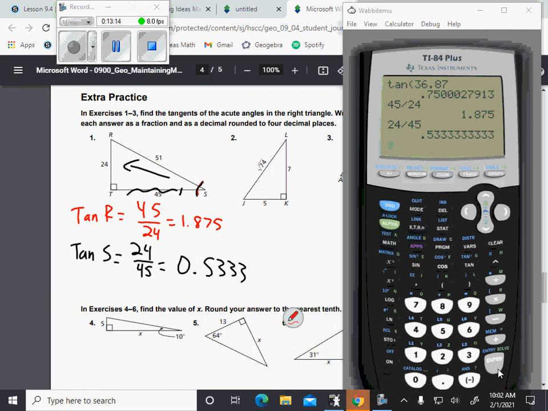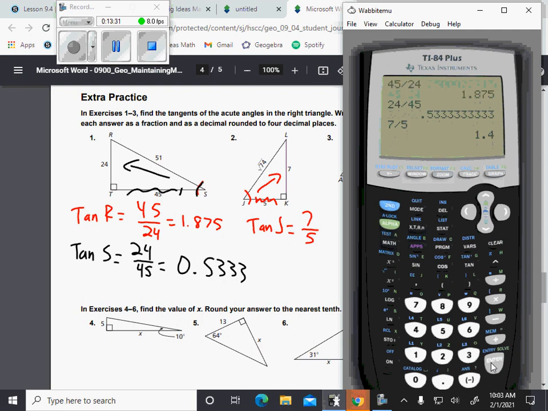Next one, in our next problem. Let's start with J. The tangent of J equals, remember we go opposite, 7 over adjacent, so 7 over 5. We can divide 7 by 5, and we get 1.4. Next, tangent of L. Remember, we go opposite, so 5 over adjacent, 7.